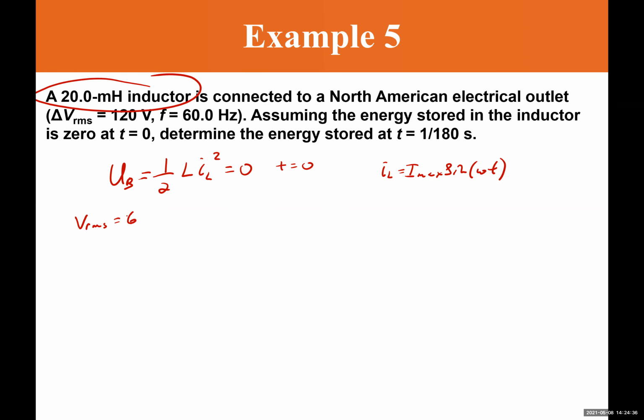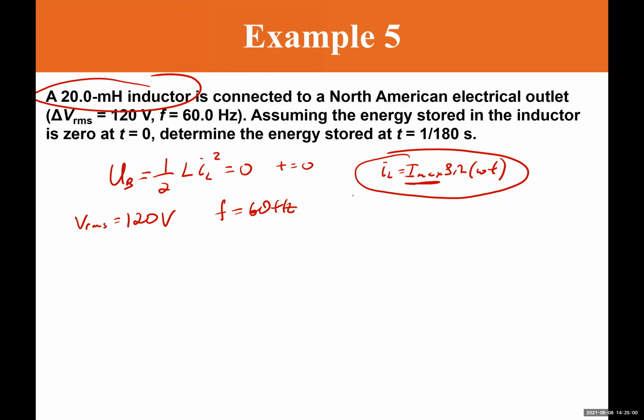Now, we're given the RMS voltage, which is equal to 120 volts, and frequency given as 60 hertz. So one thing we can do is calculate the RMS current, because in order to plug into this equation I first need to find my I max.